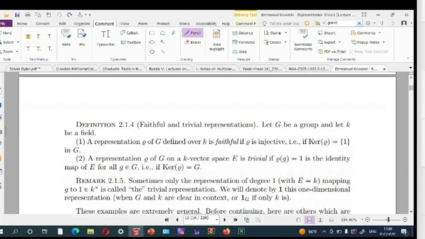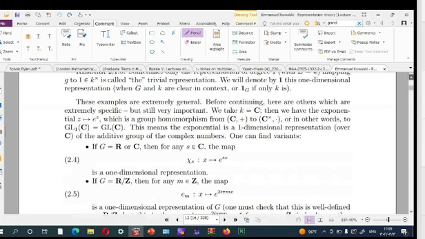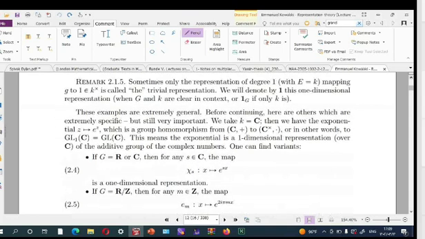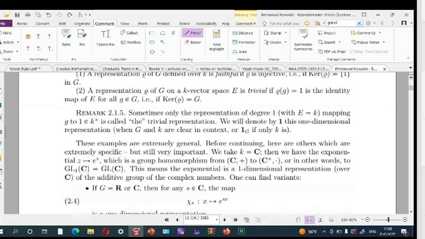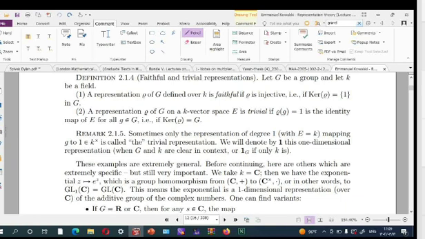And this definition, faithful and trivial representation. Let G be a group and let K be a field. A representation rho of G defined over K is faithful if rho is injective, or the kernel of rho equal to the identity element only.